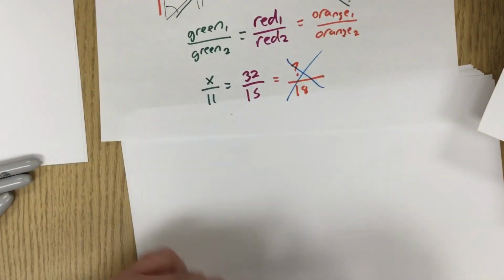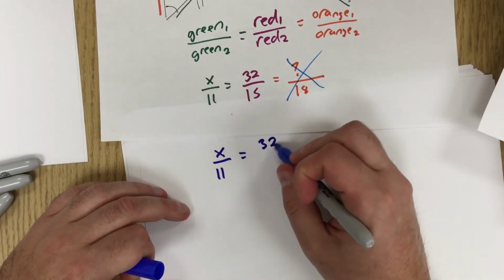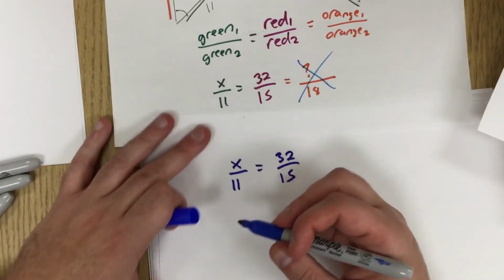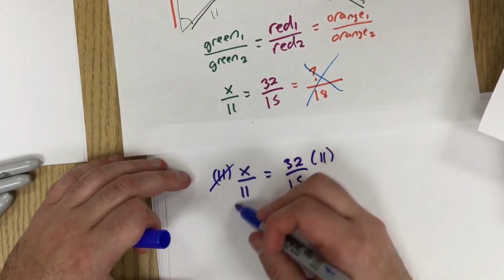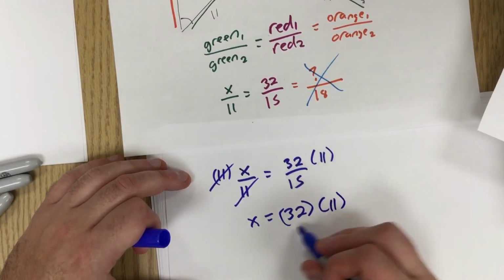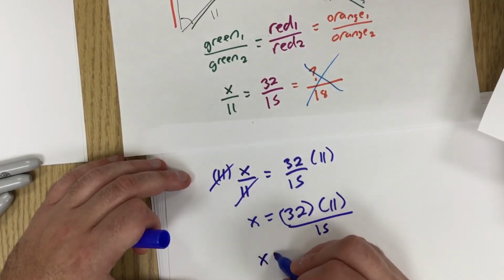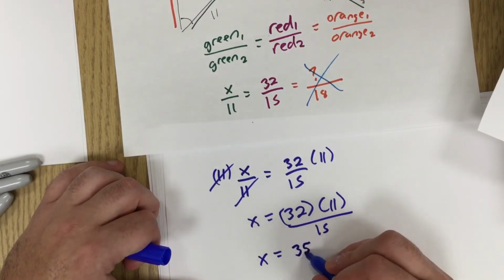So what we have is x over 11 equals 32 over 15. We're going to multiply both sides by 11. And x equals 32 times 11 over 15. And we know the trick for multiplying by 11. You just add up the numbers and put it in the middle.